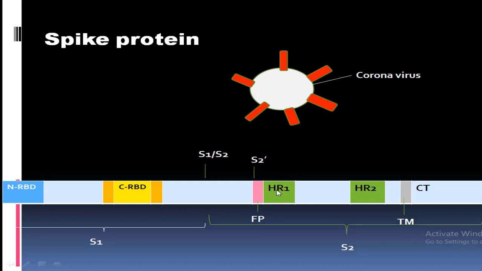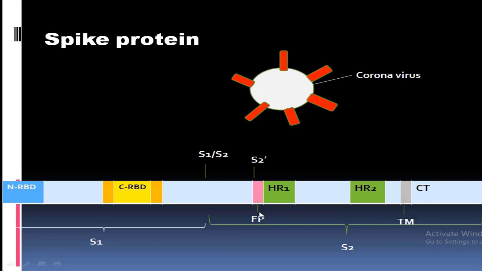The heptad repeat means heptapeptides, that is, 7 amino acid residues. Suppose we take A, B, C, D, E, F, G, 7 amino acids, where A and D repeat themselves and are hydrophobic, right? So these are the heptad repeats.